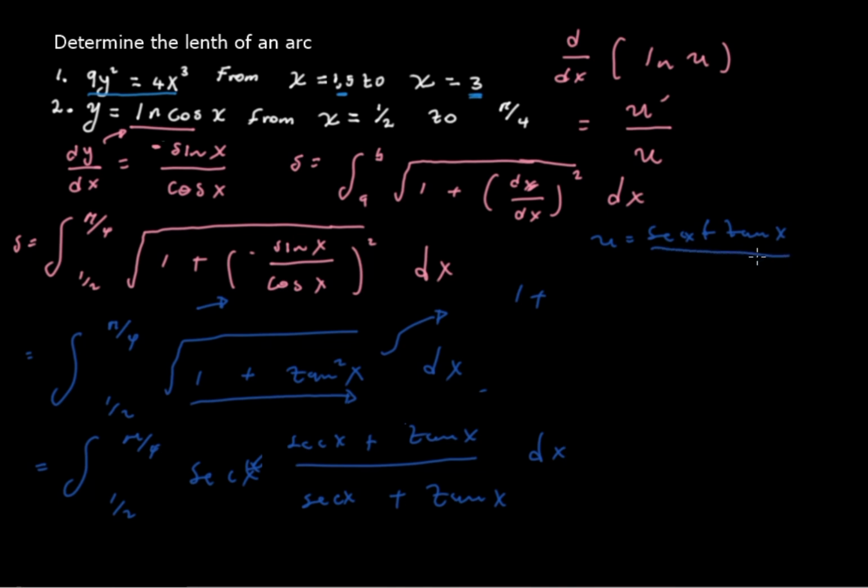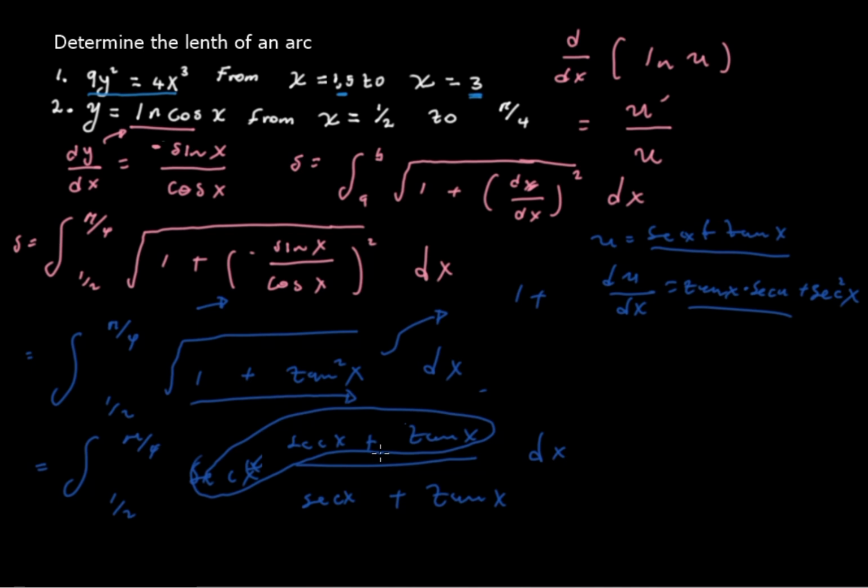Now you have to differentiate this, so du over dx equals tan x multiplied by sec x plus sec squared x. As you can see, this is equivalent to this over here, so you can replace some things with what you know.